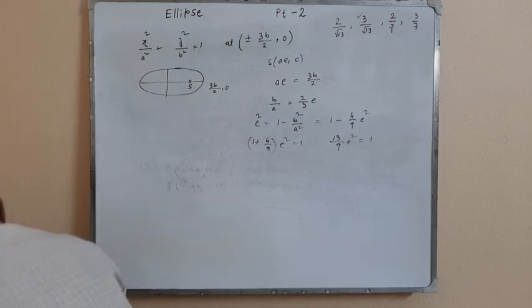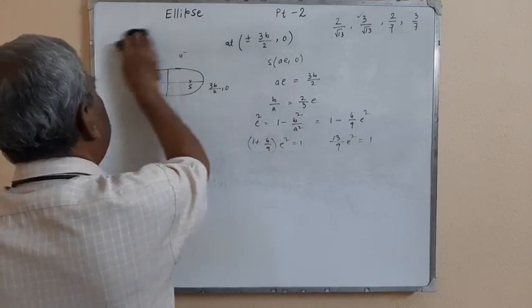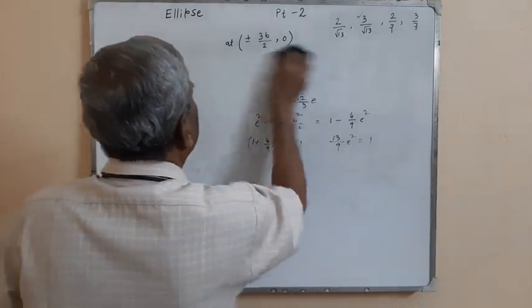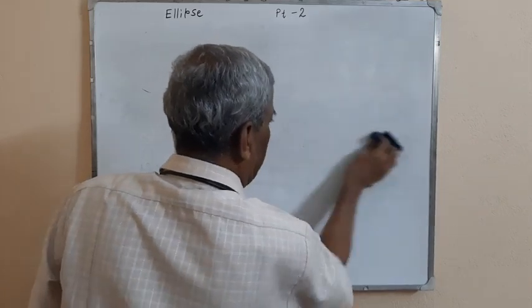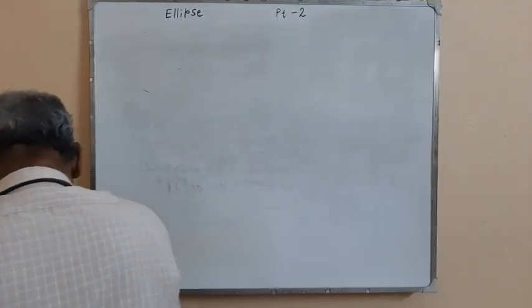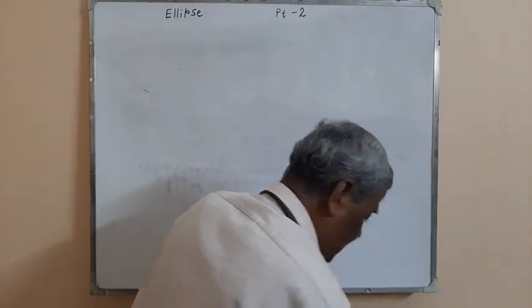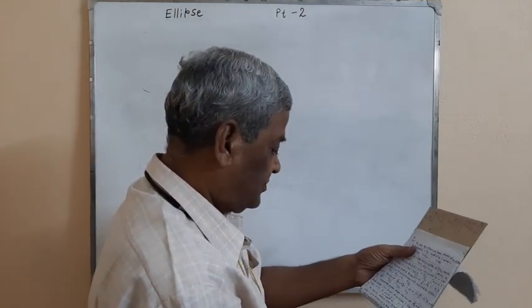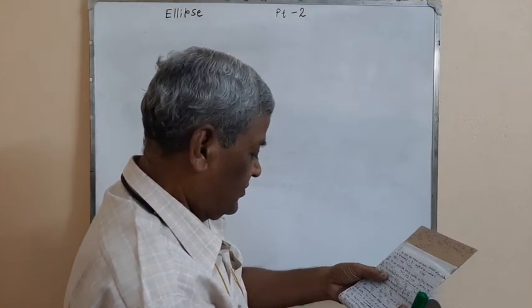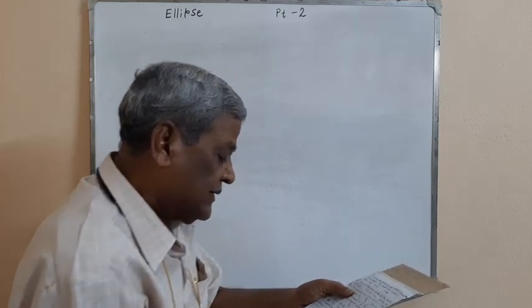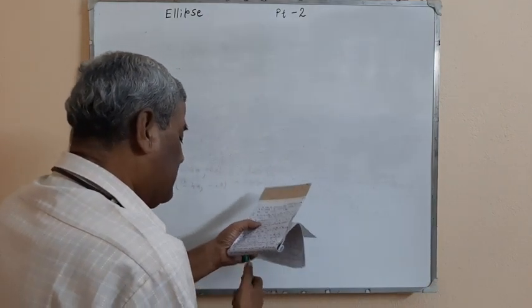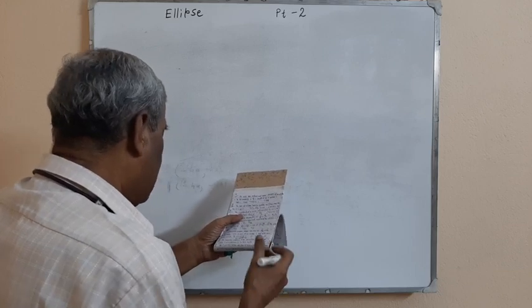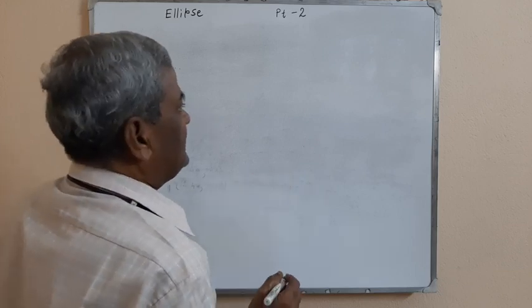My next problem. Semi-latus rectum of an ellipse is half of its semi-major axis.